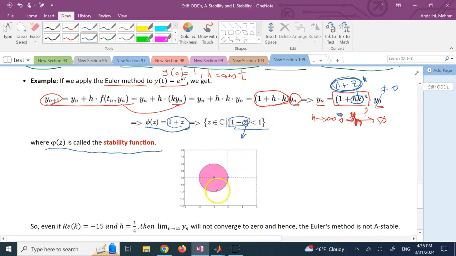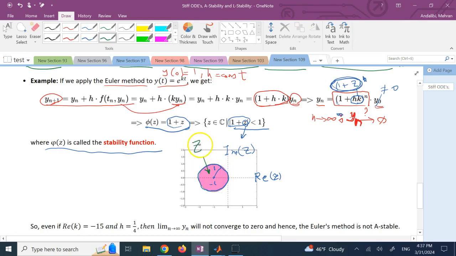So those points should fall inside the circle with a radius of 1 and centered at -1 and 0. Yes, this is your z-plane. So this is the real part of z, and this is the imaginary part of z. So it is only stable, it is only going to 0 for the z's in this region.